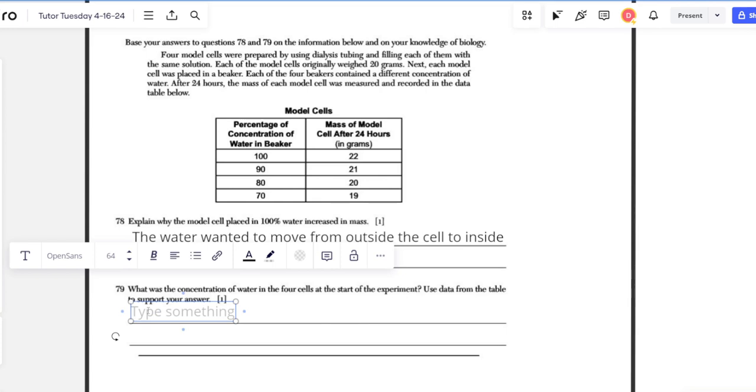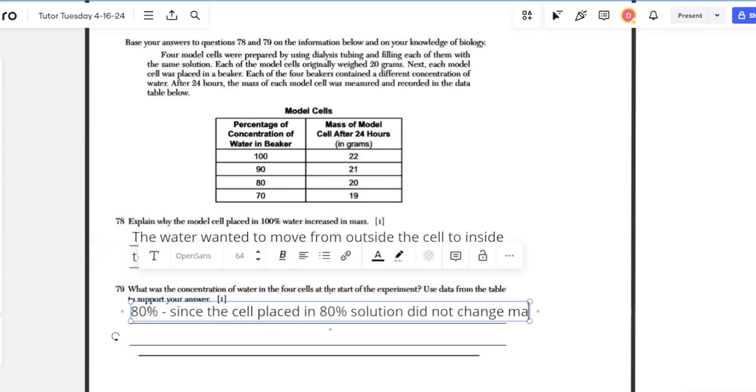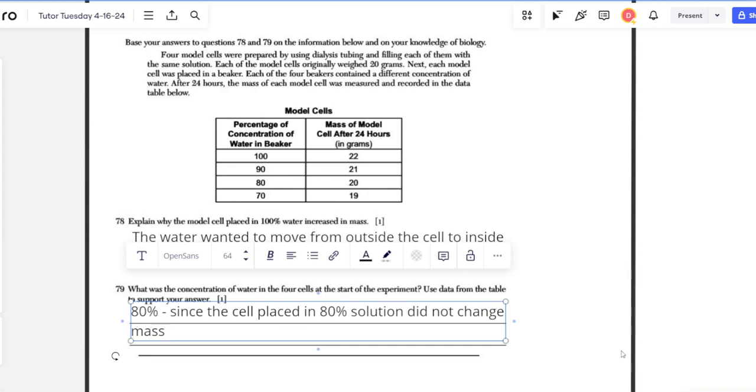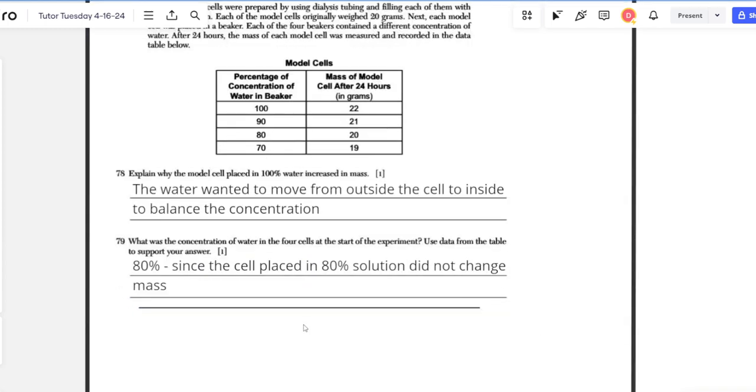So what's the concentration of the water in the 4 cells at the start of the experiment? I'm going to say it was 80%, since the cell placed in 80% solution did not change mass. And that's going to be osmosis.